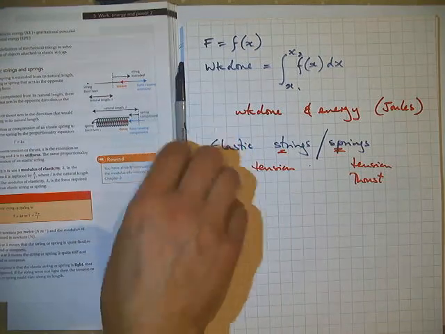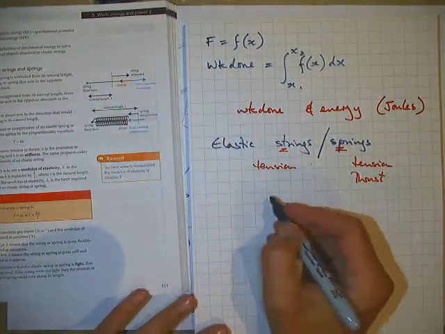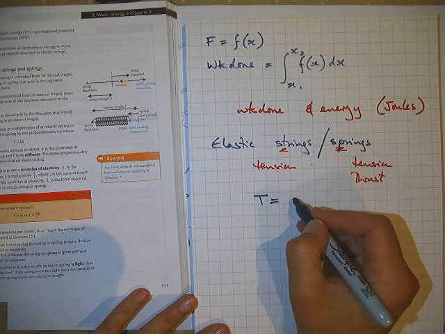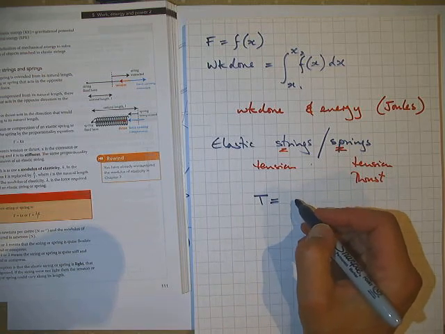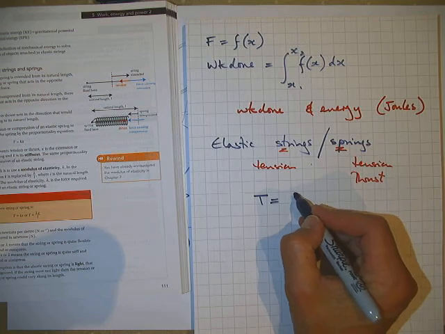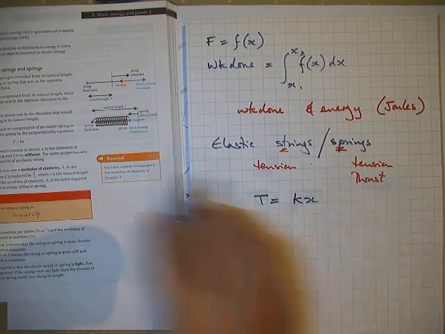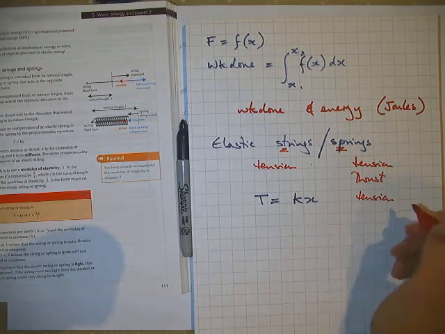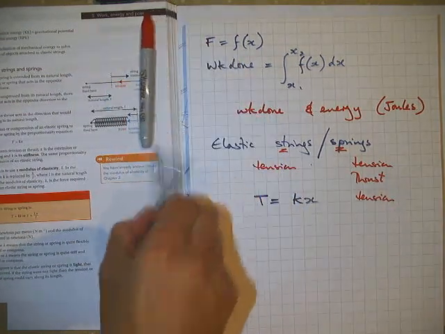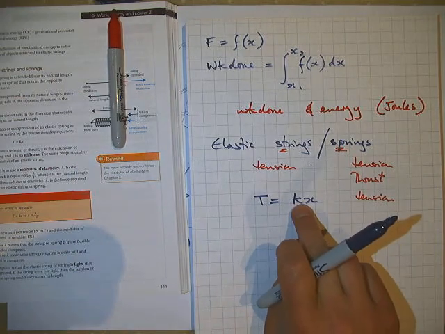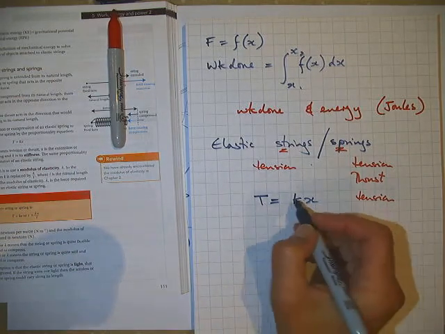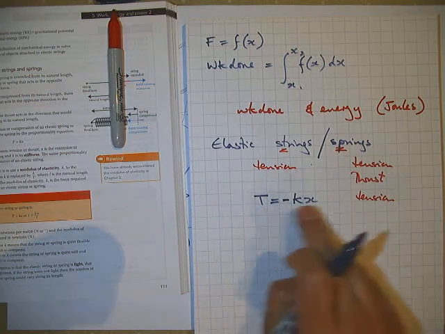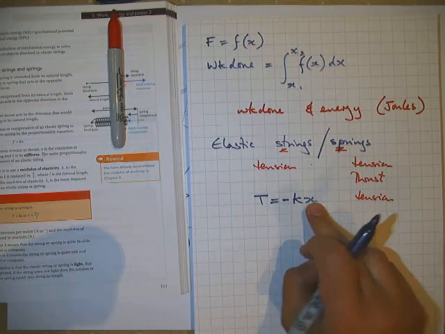And for both of them, the force is proportional to the compression or extension, okay? So if it's tension, and we say that this is a positive proportionality constant, tension will be in the opposite direction to an extension.